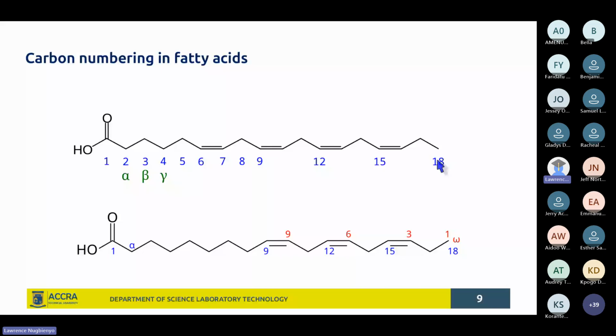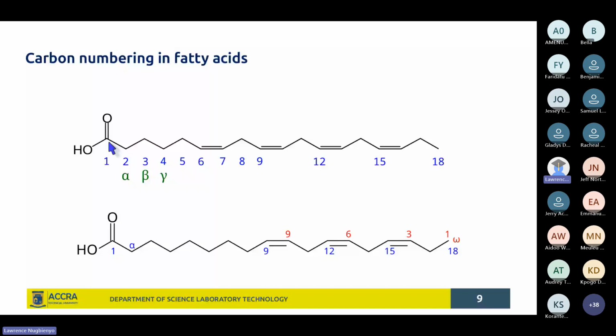Take note that the numbering of carbons in fatty acids always starts from the carbon that is carrying the carboxylic functional group.